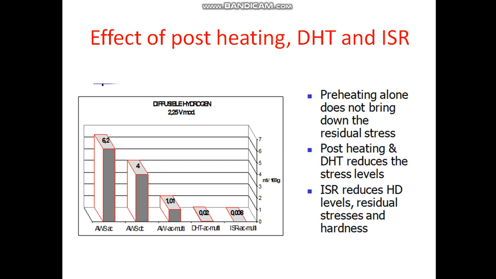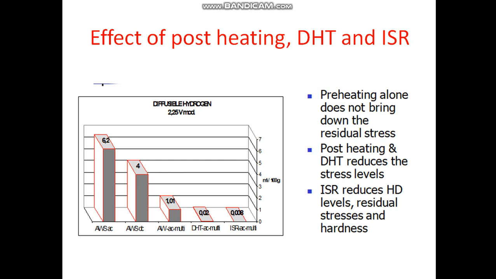Well, in the first part we have discussed the weldability of chrome moly steel, and we stopped at a discussion of post heating, dehydrogenation treatment and intermediate stress leveling. Well, these heat treatments have a purpose. For example, preheating alone does not bring down the residual stresses.